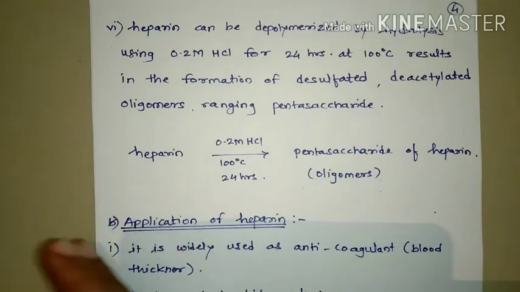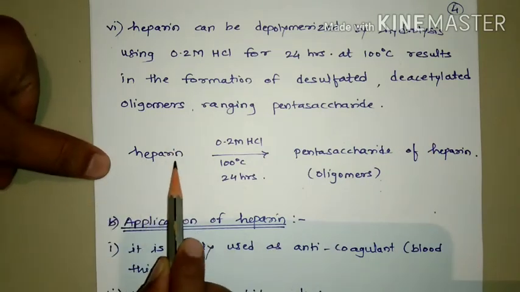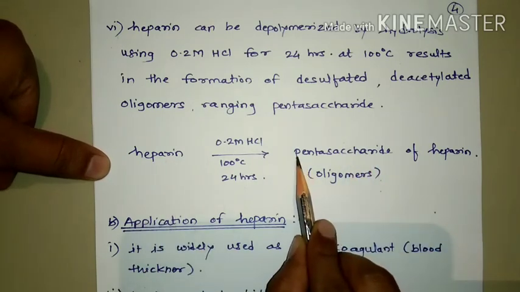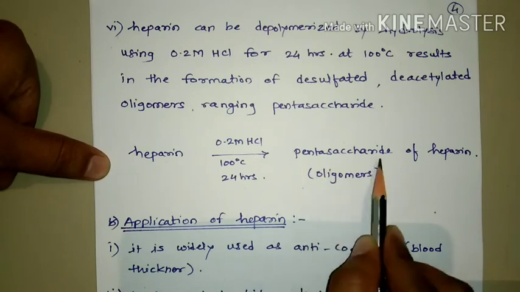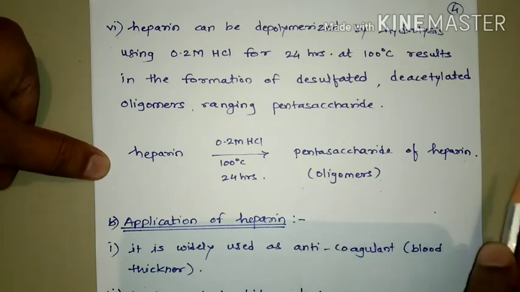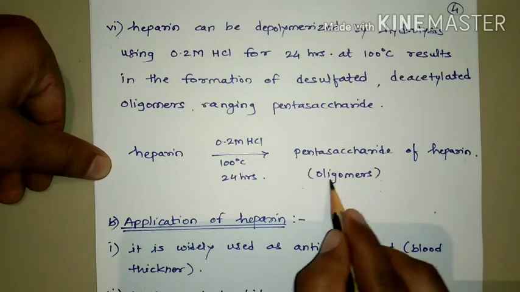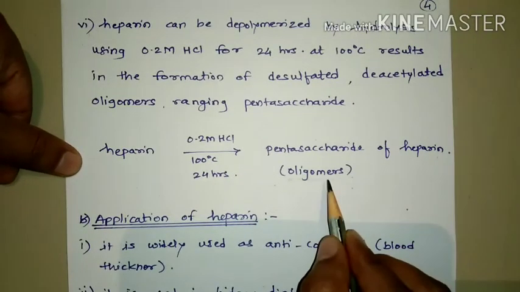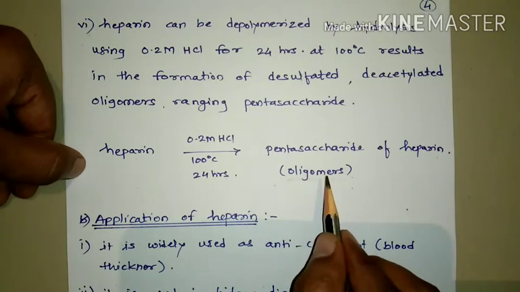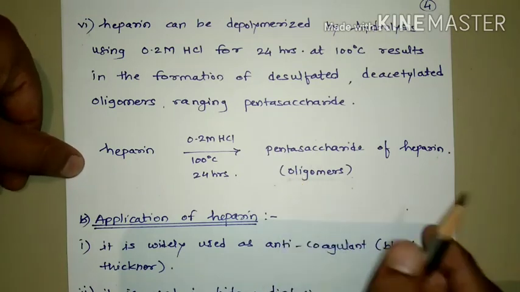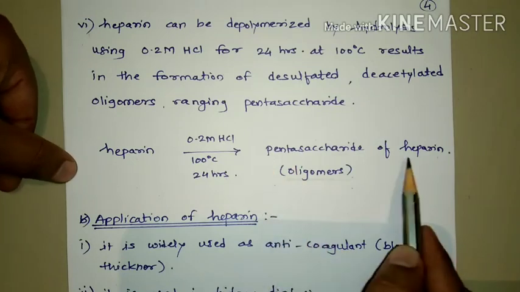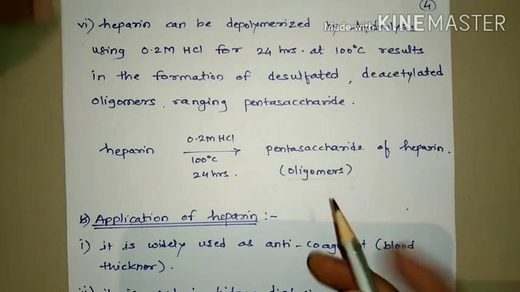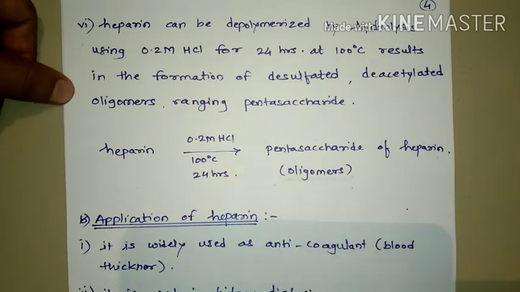Depolymerized means the chain of heparin breaks, forming pentasaccharide heparin derivatives. These are also called oligomers. Oligomers means more than 4 molecules, containing a maximum of 5 molecules attached to each other.